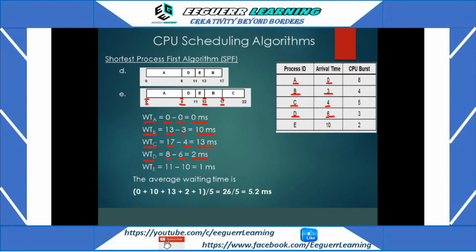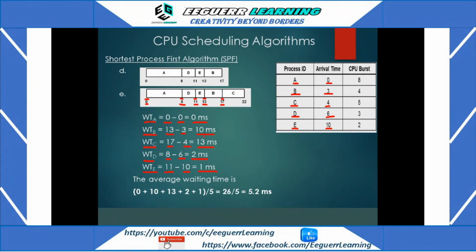And go to the last waiting time, which is process E, and look at the Gantt chart for the tail of letter E, which is this one, and the value is 11. Place it here, and go to the table for the process E and get the arrival time and place it here and subtract. 11 minus 10 is 1 millisecond.